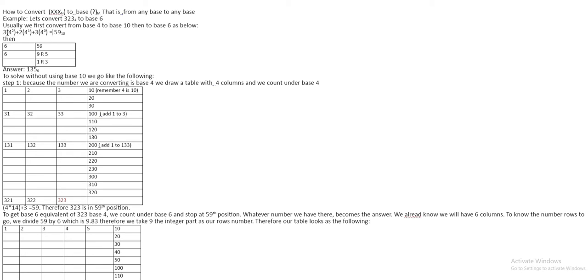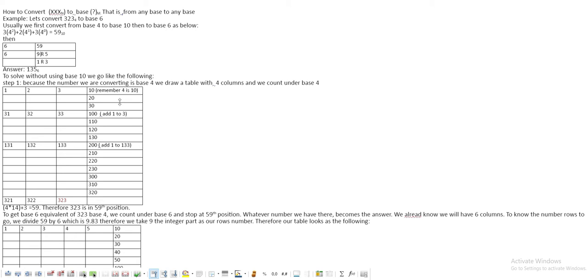We multiply the number by the base raised to the power of its position. So 3 times 4 raised to the power 2, 2 times 4 raised to the power 1, 3 times 4 raised to the power 0. If you compute this arithmetic, you'll get 59 base 10. If you take this base 10 to base 6, you'll get 135 using this technique.